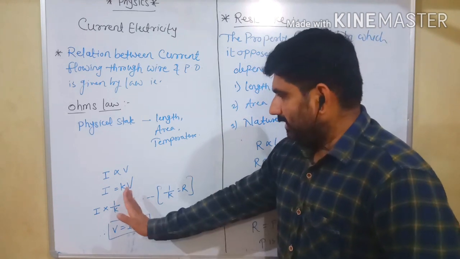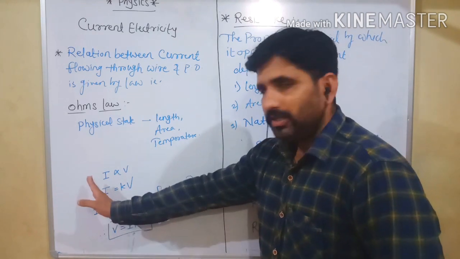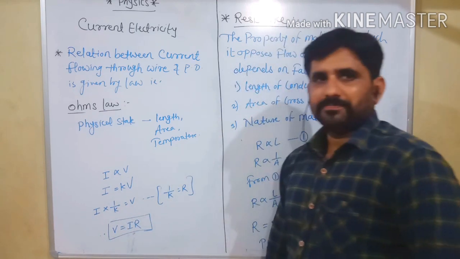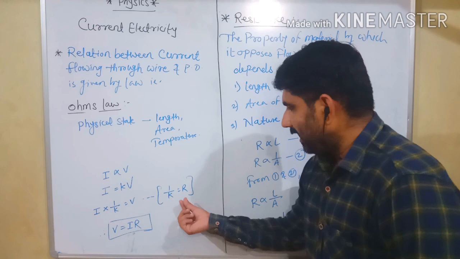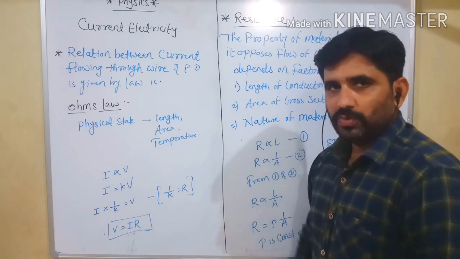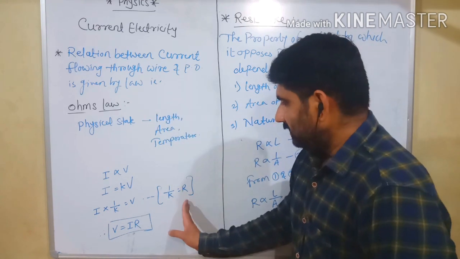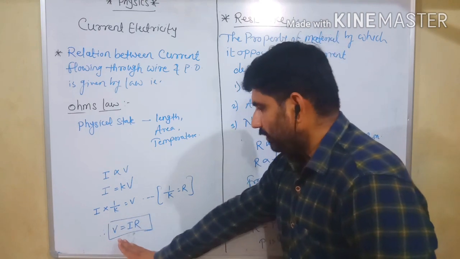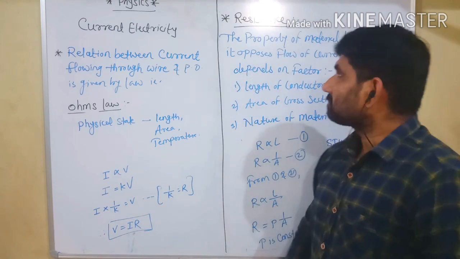Then we move K to the other side, so I into 1 upon K is equal to V. Now this 1 upon K is actually the resistance, so instead of this we use R. So the equation becomes V is equal to IR.